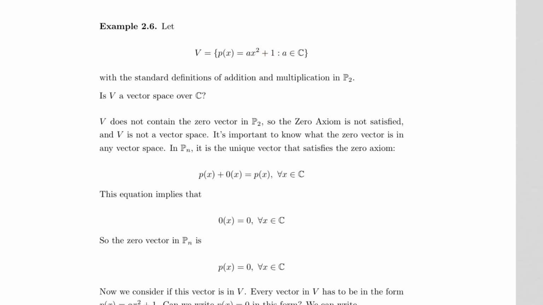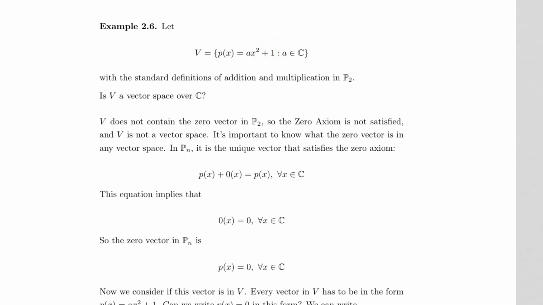There's no ax squared plus bx, for example. So you can't have any x terms. Although if a is 0, I suppose we could have 0x squared, so we don't have to have an x squared term, but we can have an x squared term. We can't have an x term, because that's not in here. And then the constant term has to be 1 for all these polynomials.